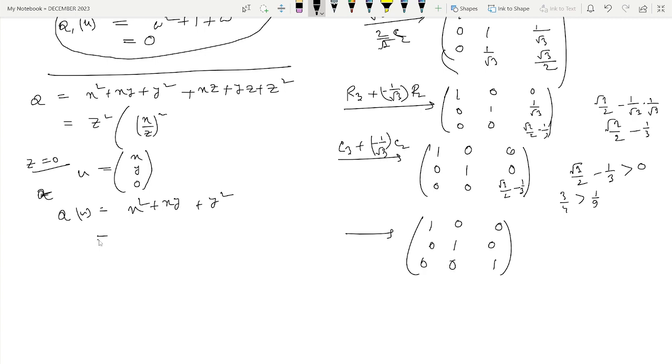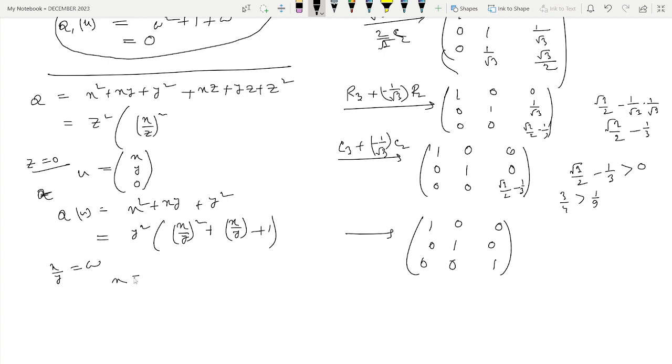Now just divide it by y square, then we will have (x by y) whole square plus x by y plus 1. Now we just take x by y equal to omega simply.